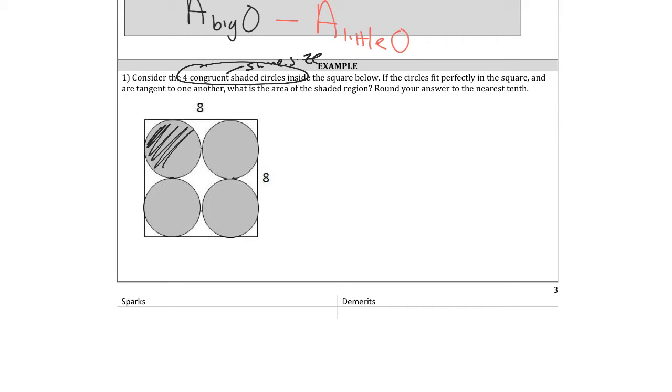Well, if I want to find the area of a circle, area of a circle is going to be pi r squared. So if I want to find the area of one of these circles, I need the radius. Well, I can see that this length of the square is 8. So for one circle, the diameter is half of that 8. It's 4. But I don't want to use 4 for my area.